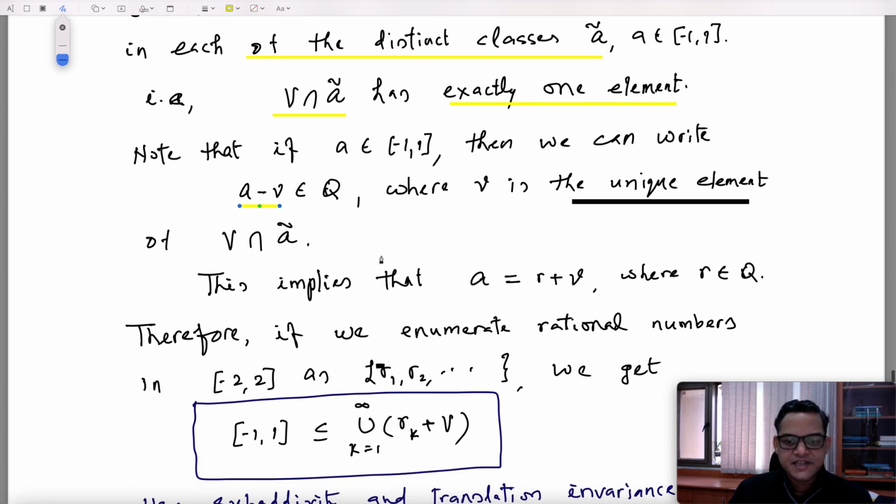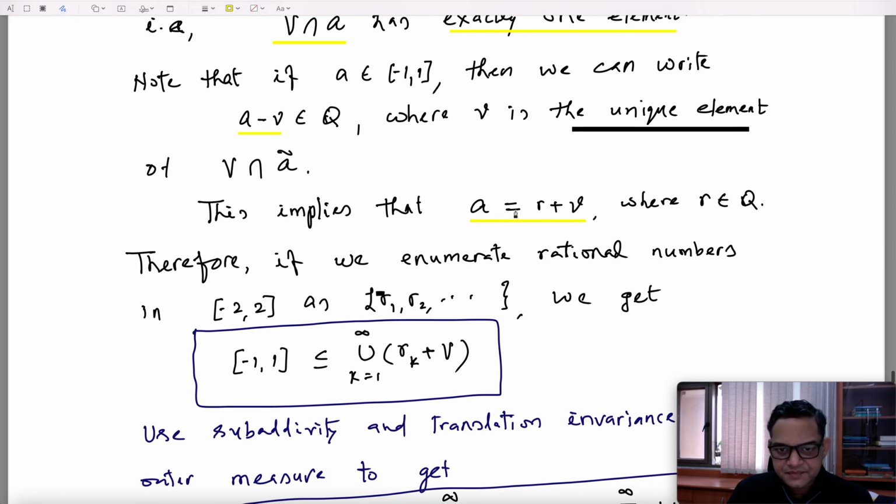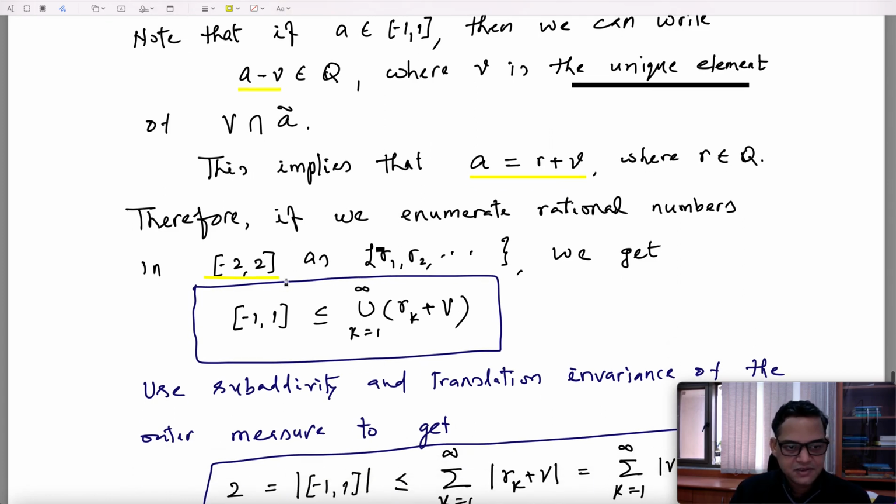In other words, we can write A as R plus V, where R is a rational number. Notice here A is coming from minus 1 to 1, V is also coming from minus 1 to 1, so the range of this rational number will be in the interval minus 2 to 2. Okay, so that is what we are going to write next.